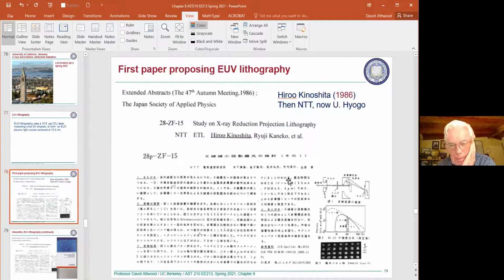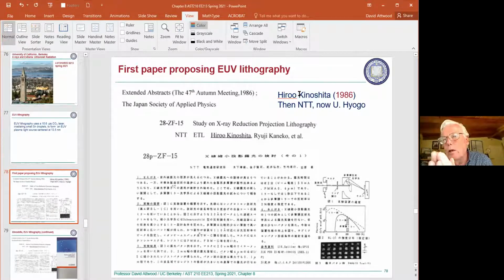This is the early paper by Hiro Kinoshita in 1986. He was working on so-called X-ray lithography, which is not contact printing but proximity printing, where you have a mask and a wafer and X-rays come in at around 1.5 to 2 kilovolts. The mask is so close that it just makes a shadowgram, close enough that there's not too much blurring.